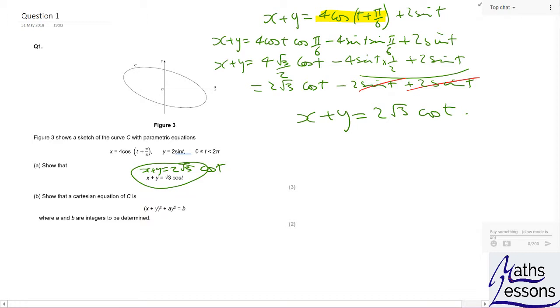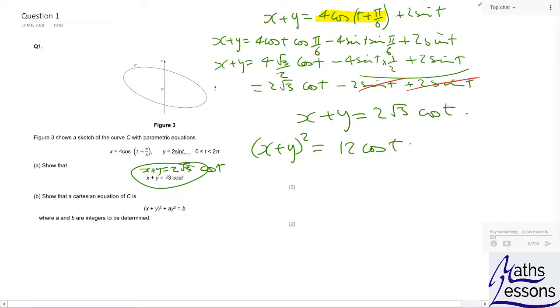Next, we want to show that the Cartesian equation of C is equal to x plus y squared plus ay squared equals b. So let's work out what x plus y squared is. Okay, x plus y all squared is equal to 2 times root 3 squared. It's going to be 4 times 3, so it's going to be 12 cos squared t.